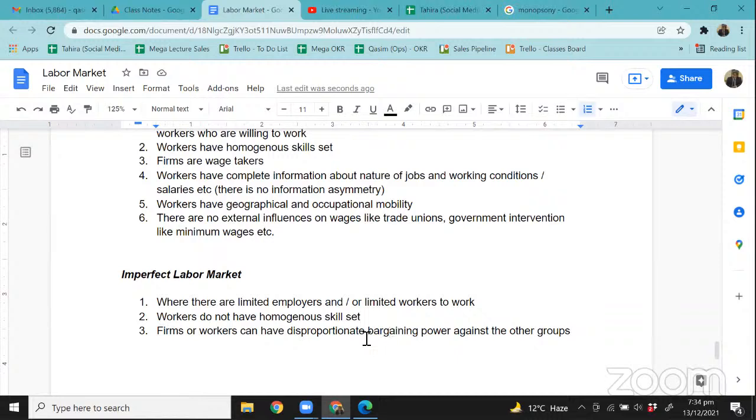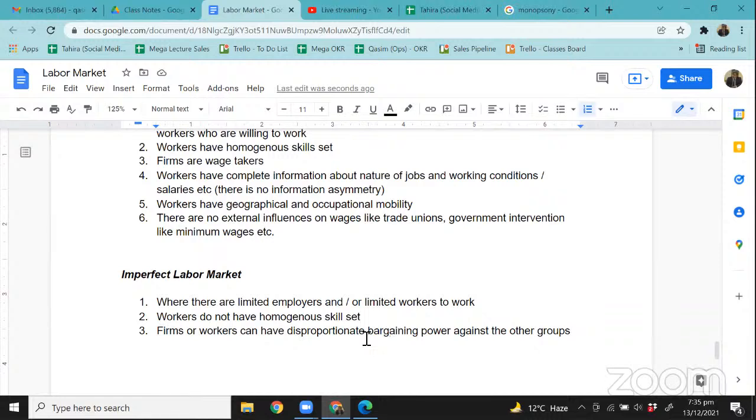So think about this. One simple scenario that you can think of right now is a trade union. So the presence of a trade union gives workers more bargaining power because it's a lobby, it's a pressure group. We'll talk about this in more detail after this, right? So if the company doesn't accept the demands of the trade union, what will that organization do?